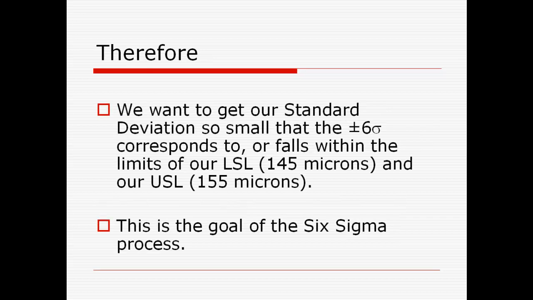Therefore, we want to get our standard deviation to be so small that that plus or minus 6 sigma falls inside of the limits of our LSL 145 and our USL of 155. This is the goal of the 6 sigma process.